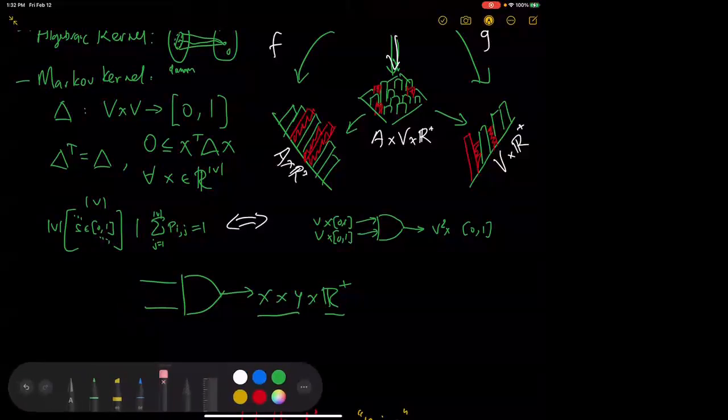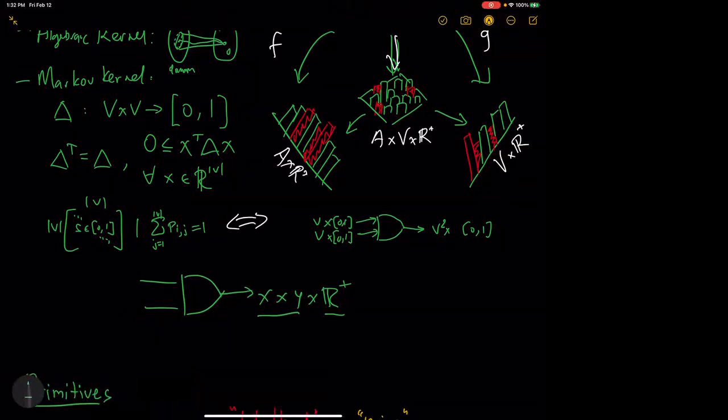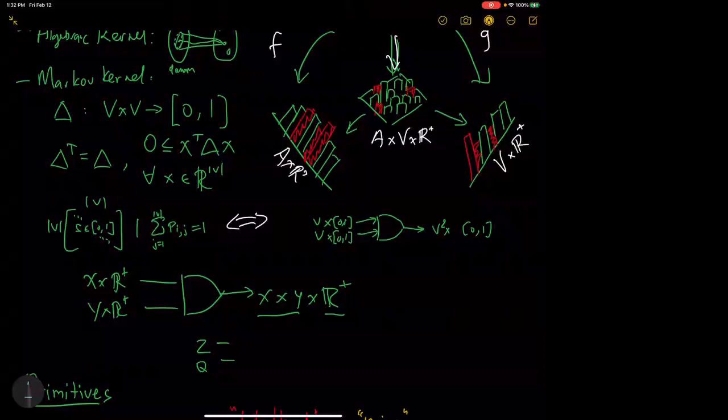To be completely correct, this should be x cross this score, and then y cross this score. And then if you have another function that takes z and q, we'll do it the other way around.